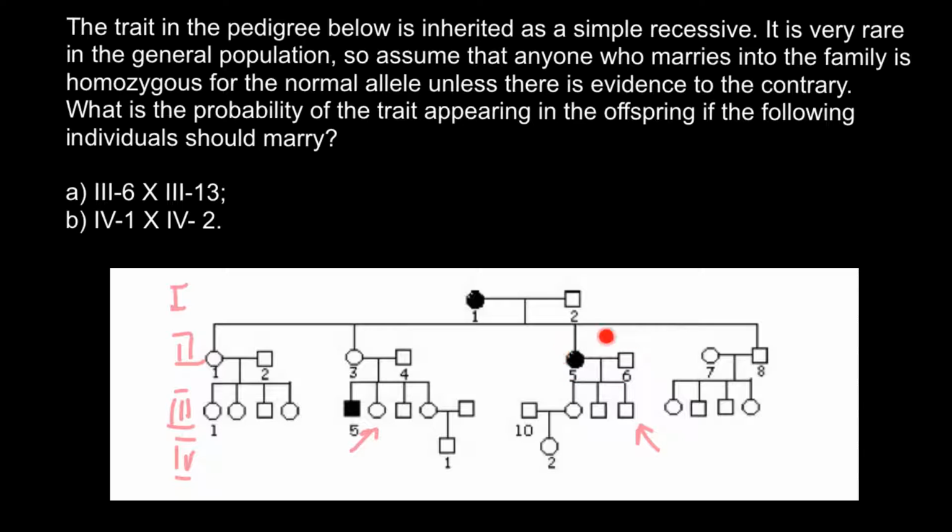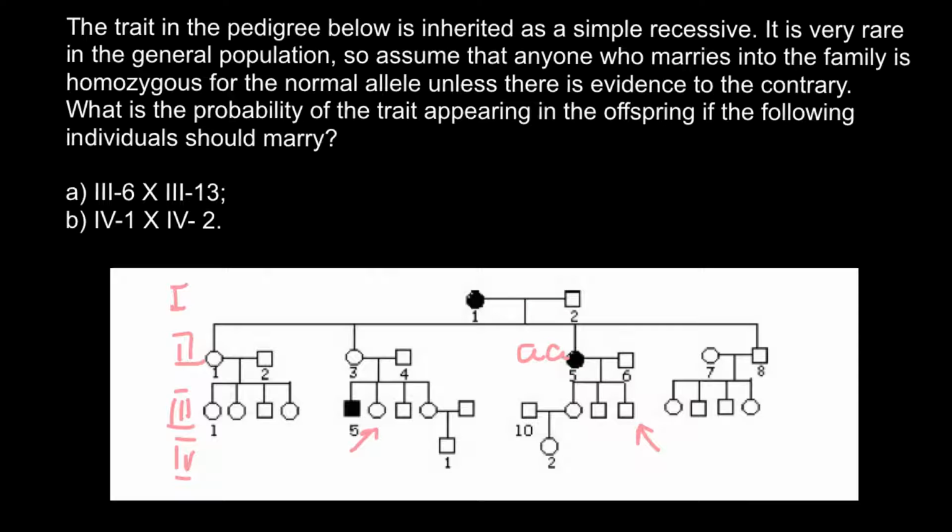If we analyze the genotypes, we can see that this person in second generation, 5, has to be homozygous recessive.